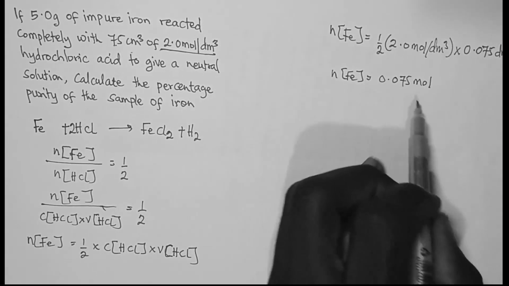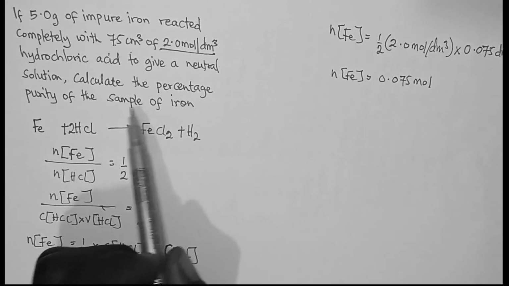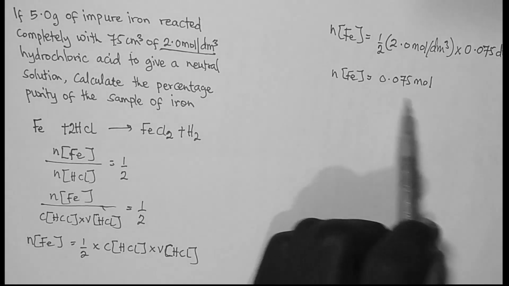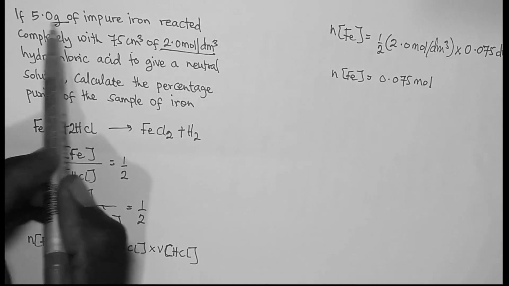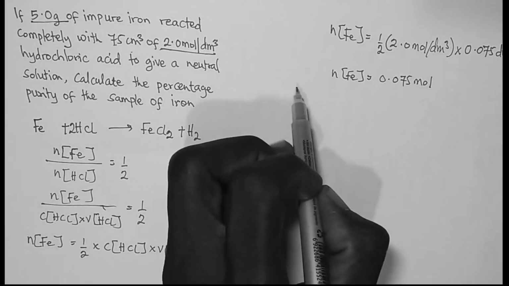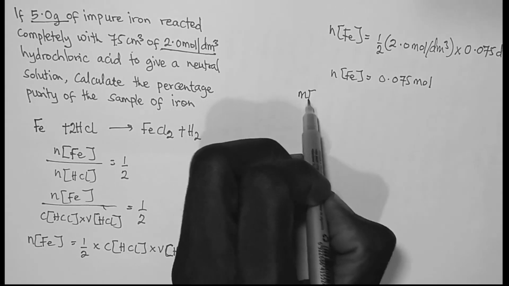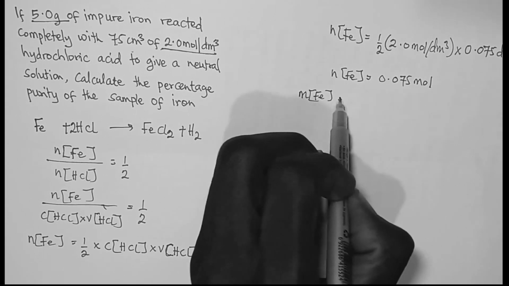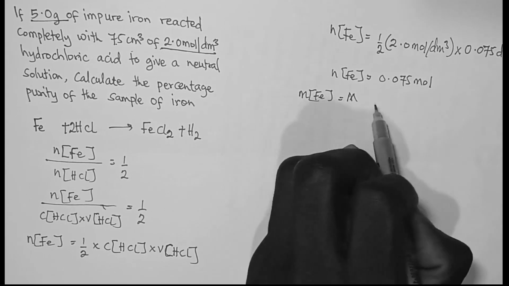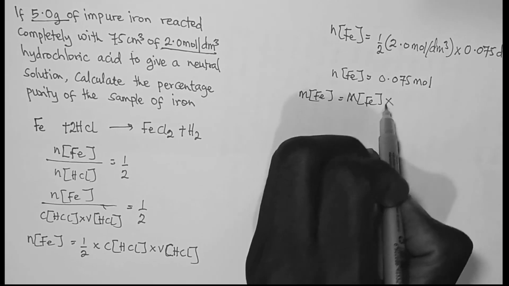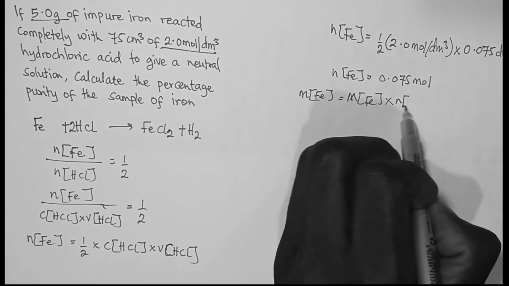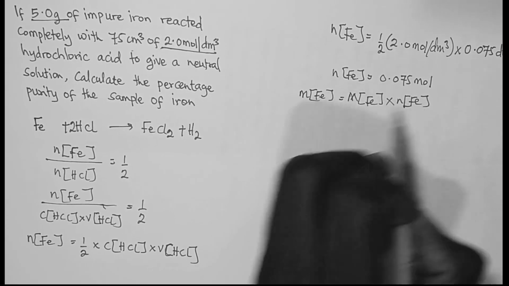Now, since we have the number of moles, what we need to do is to calculate the mass of the pure sample of the iron and compare it with the 5 grams of the impure sample. But we know that mass is equal to the molar mass of the iron times the number of moles of iron.